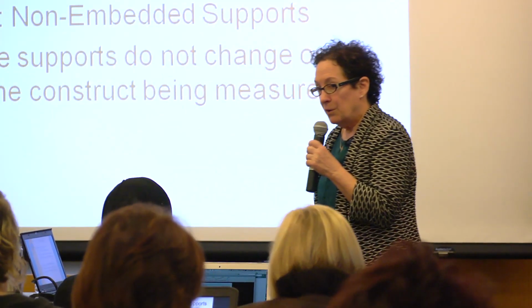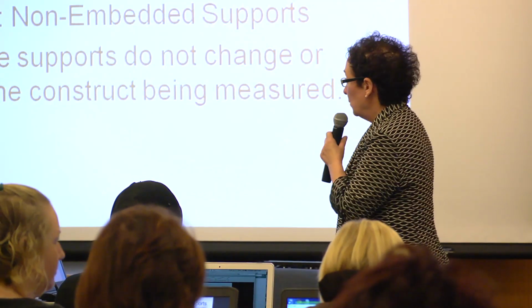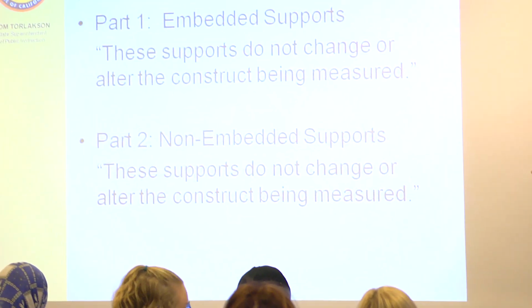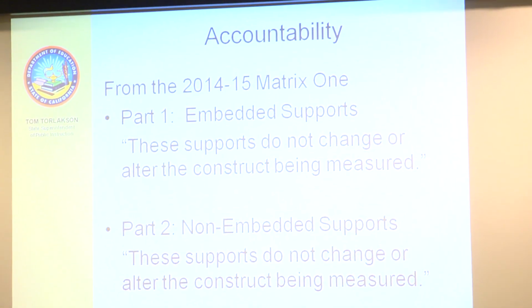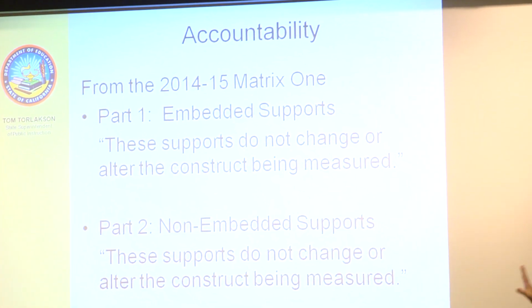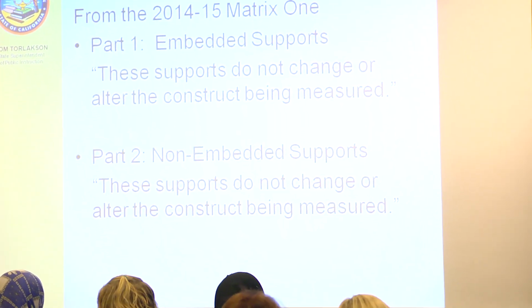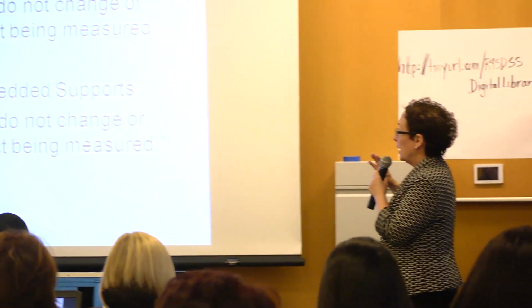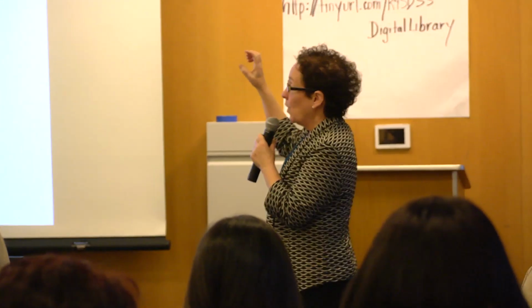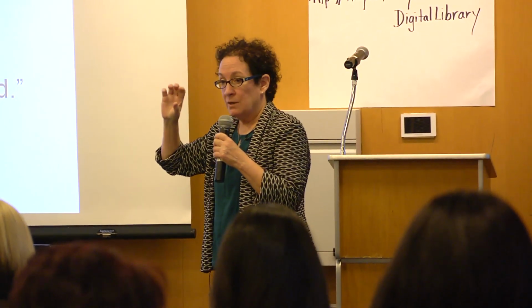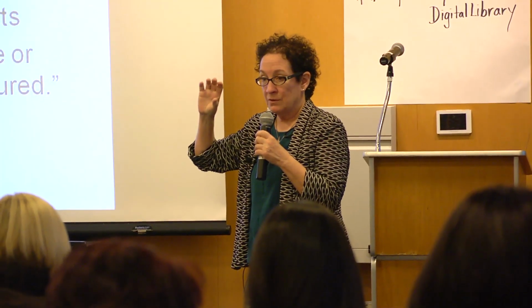What I wanted to share with you, this is a worry for a lot of people. So look at this. Matrix 1 is a publication from the California Department of Education. There was a Matrix 1 for the STAR. Now there's an updated one for the Smarter Balanced Assessments, the CAASPP. And what that says is that Part 1 in the Matrix 1 document covers the embedded supports.